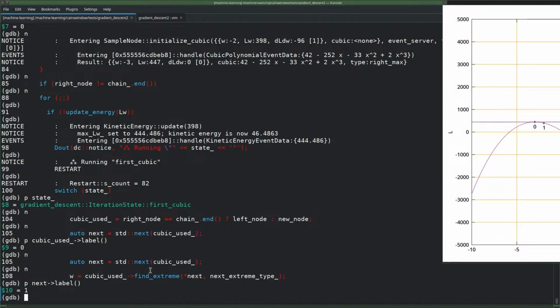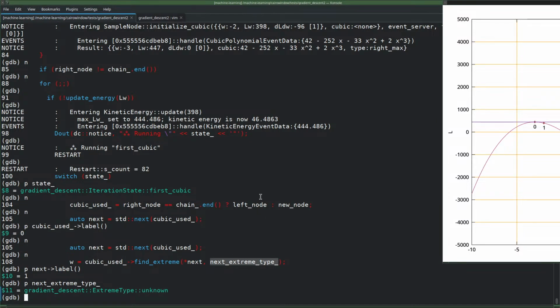W is now set to find an extreme. We don't care which extreme, but of course that's going to be the maximum, because that's definitely the best. Super close to it.